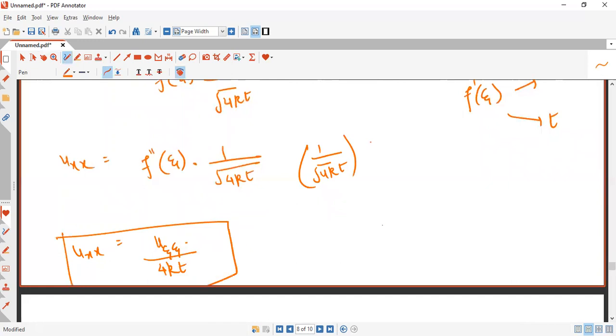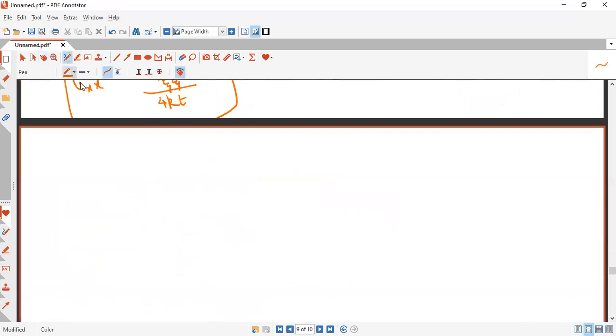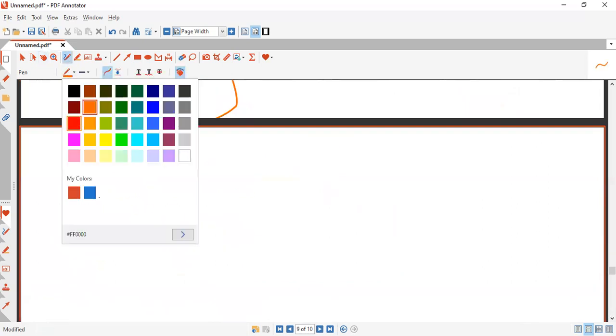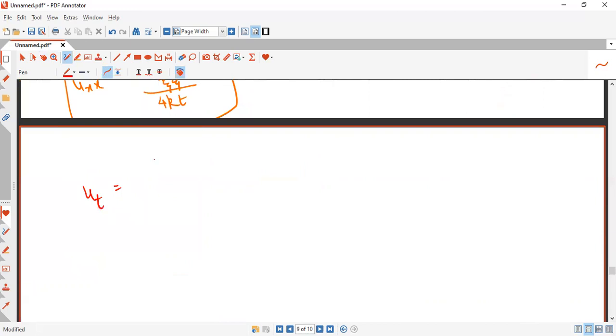Right? Now here the next was ut. Ut is what? Again, differentiate this f of xi with respect to xi, and xi with respect to t, where xi is x upon root 4 kt.